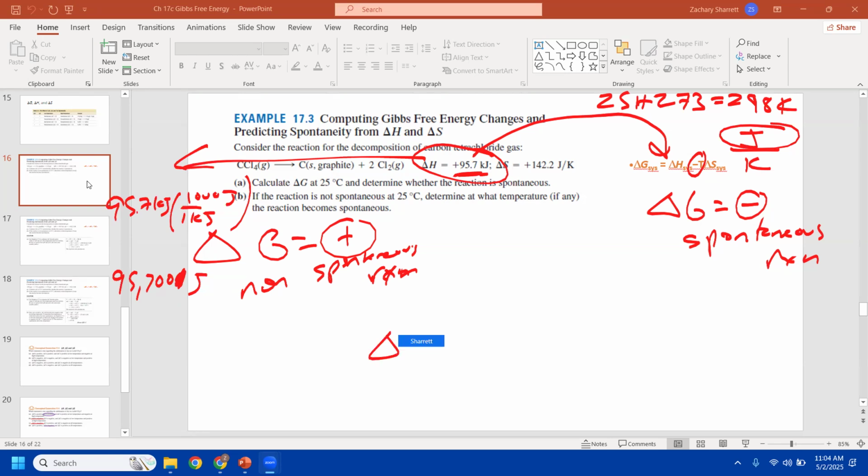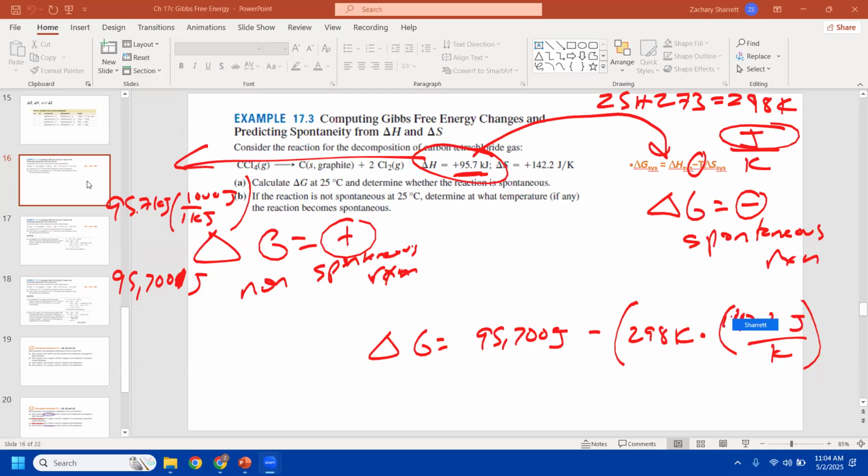So deltaG equals deltaH, which we said was 95,700 joules, minus the temperature, which is 298 Kelvin, times the 142.2 joules per Kelvin.